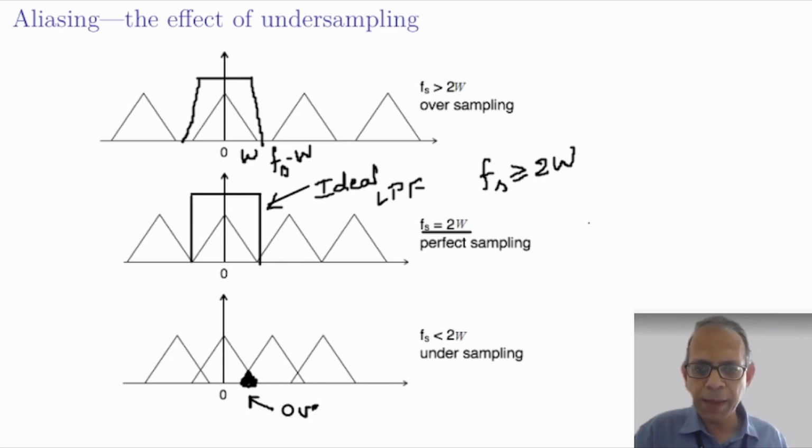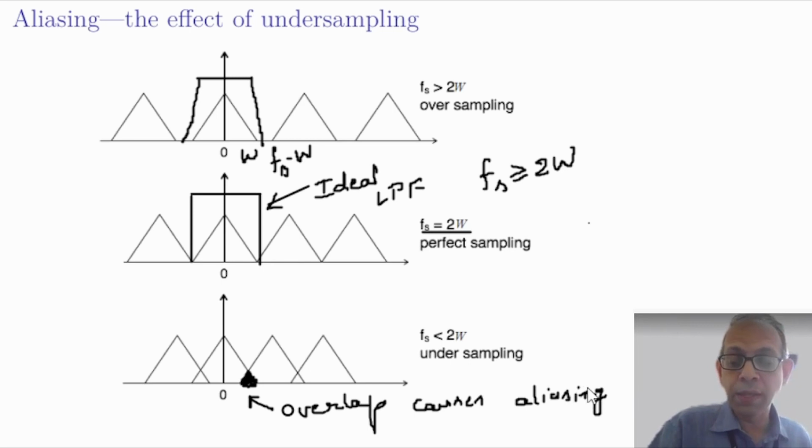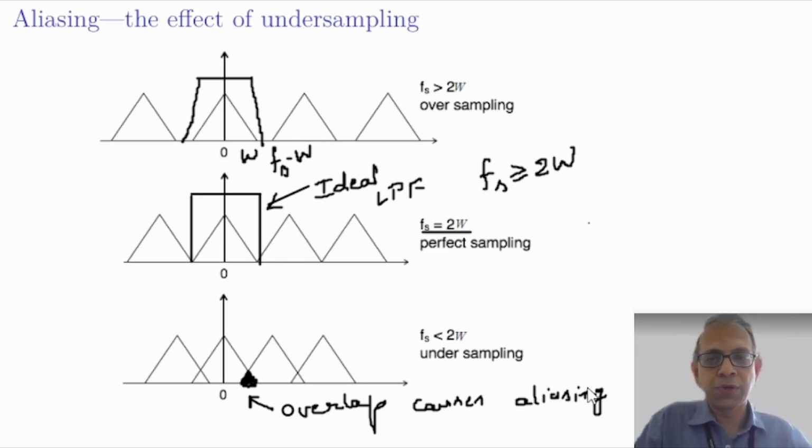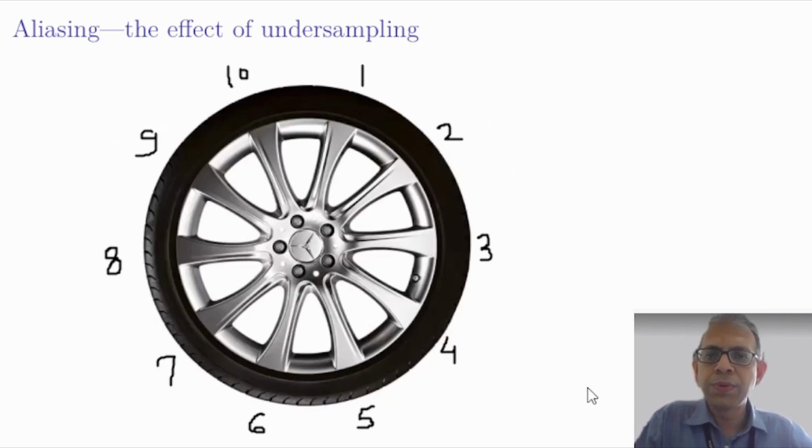So this overlap of 2 successive copies of the spectrum of the sampled signal causes aliasing, which is the phenomenon of a higher frequency component taking on the identity of a lower frequency signal, and which is essentially a distortion. Let us understand this phenomenon through another practical example.